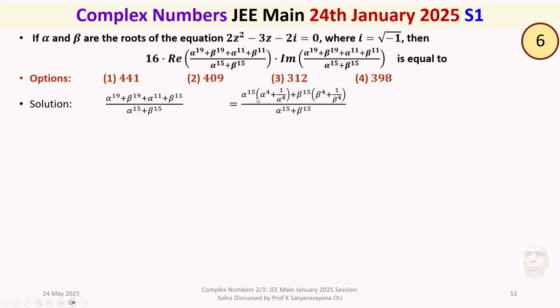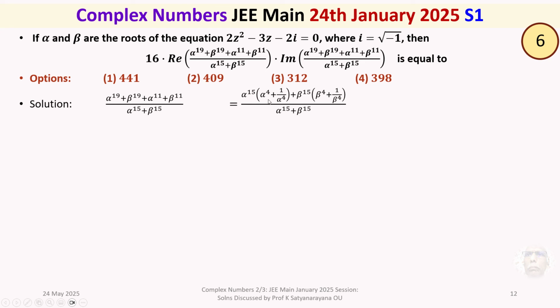Then it will be multiplied by alpha to the power of 4 plus 1 by alpha to the power of 4, plus beta to the power of 15 in brackets beta to the power of 4 plus 1 by beta to the power of 4, whole by alpha to the power of 15 plus beta to the power of 15. Agreed.